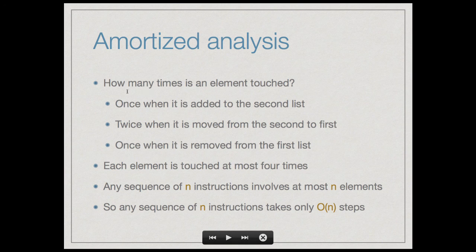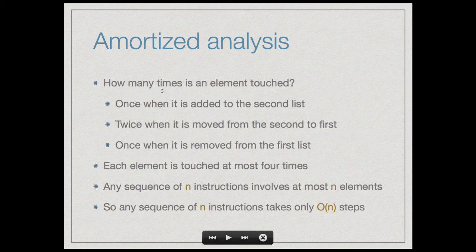And the way to show it is as follows. Look at how many times an element is touched once it enters the queue. It is touched once when it is added to the second list as part of the enqueue, and it is touched twice when it is moved from the second list to the first list. This is when we do a DQ operation when the first list is empty.